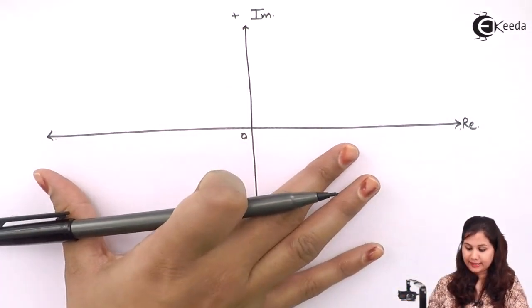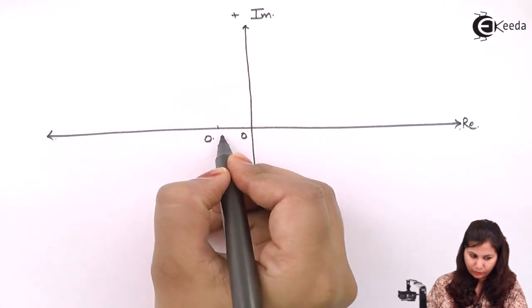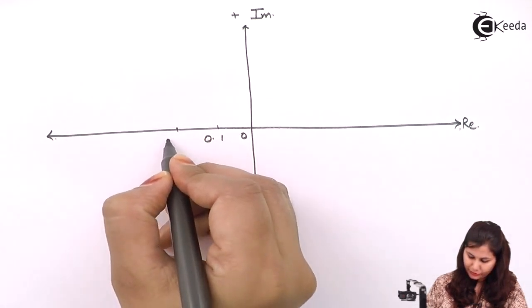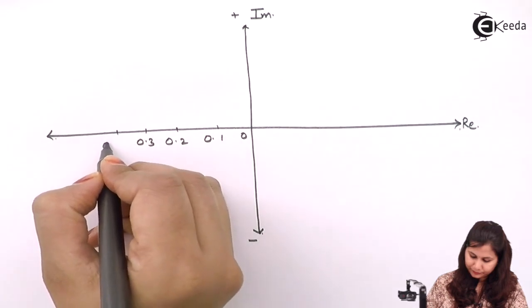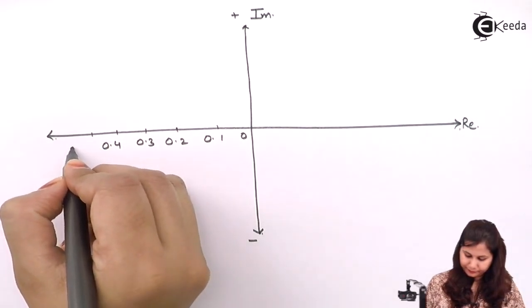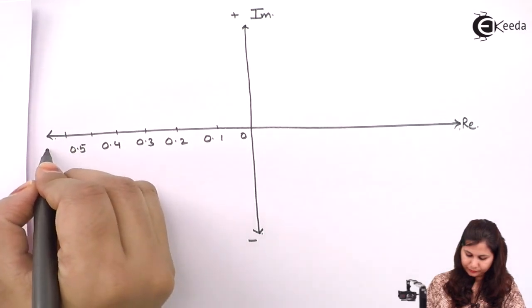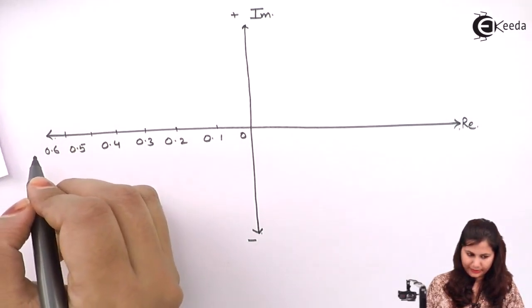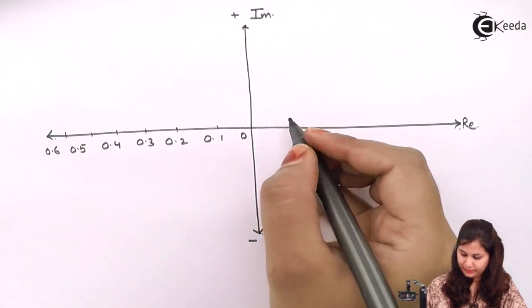Now this is 0. Let's choose a scale for the magnitude, because magnitude is represented on the real axis. So we have here 0, 0.1, 0.2, 0.3, and then 0.6, similarly 0.7, 0.8 here.